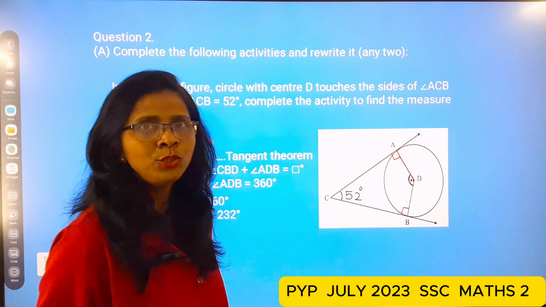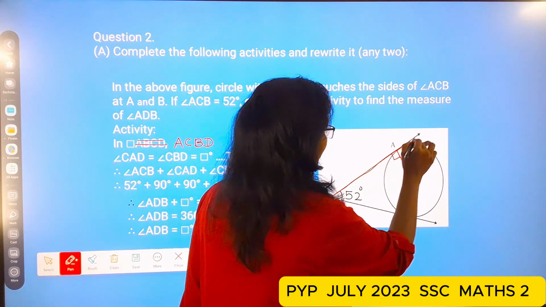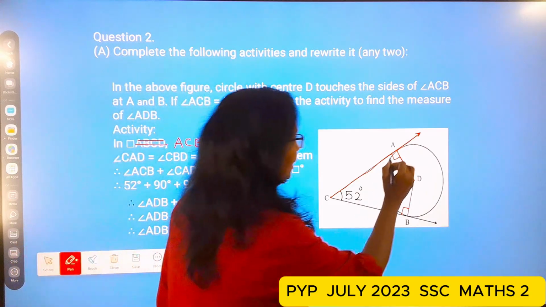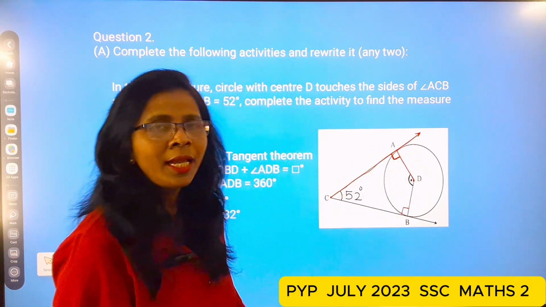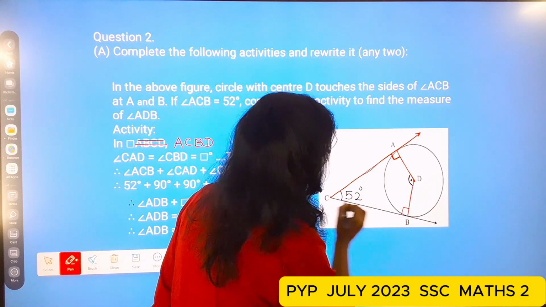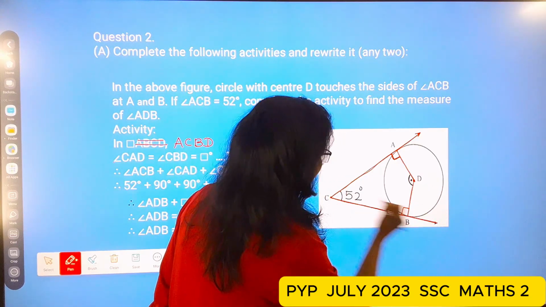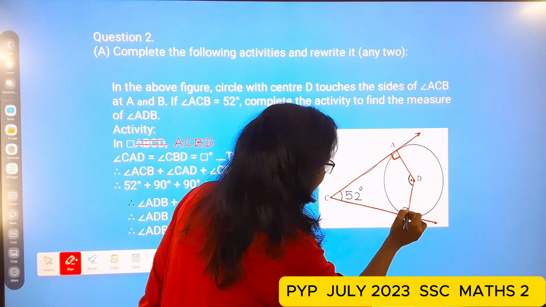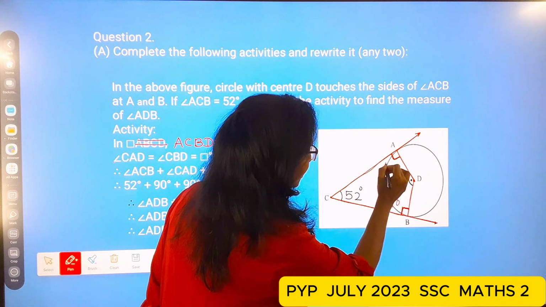Since CA is a tangent, by the tangent theorem angle DAC is equal to 90 degrees. Also, DB is a radius and CB is a tangent, so angle DBC is equal to 90 degrees. So both these angles are 90 degrees.